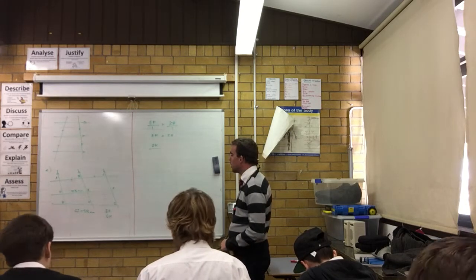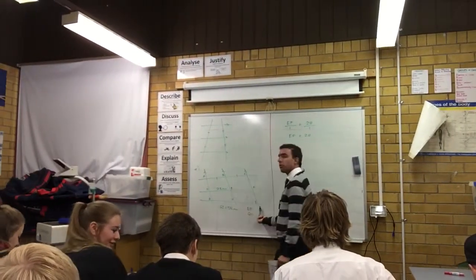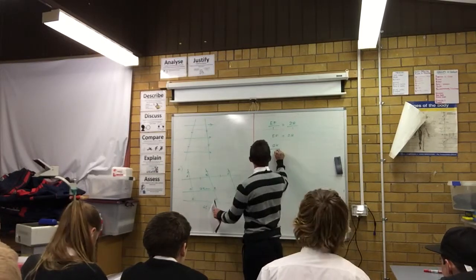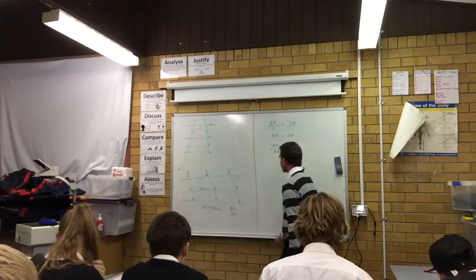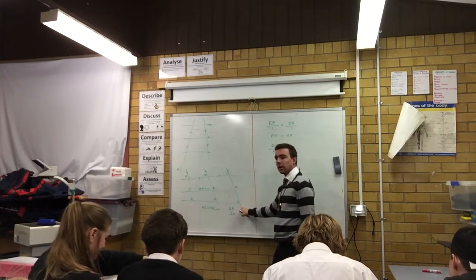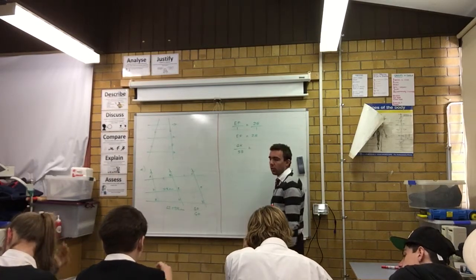So, GH, this little bit here, over the overall length from here to here, which is 58. So I've gone this little one to the overall big one. You've got to keep that same thing in the other one.